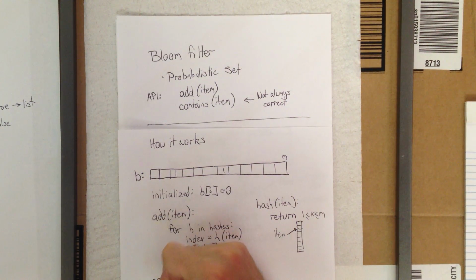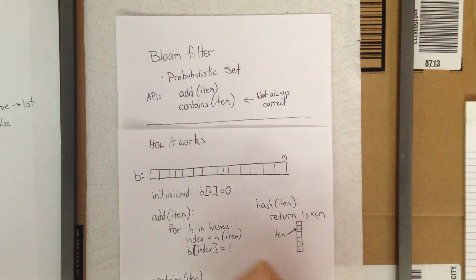And now you want to check, does the Bloom filter contain an item? And so that works in much the same way. For every hash function associated with the Bloom filter, we get an index by hashing the item, and then if any of those indices have not been set to 1, so they're still equal to 0, then we know the Bloom filter does not contain the item.